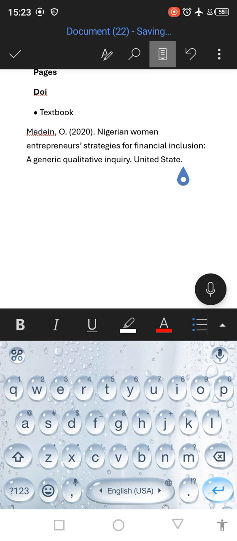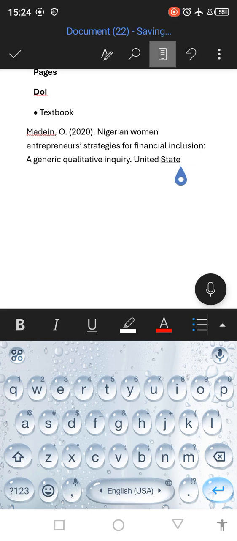Now, if we have an information on the particular states, yes, in United States, they are also called states, like Texas State, New York, and all that. Okay, fine. So if we have an information about where the publisher is in that United States, we have to put it there.